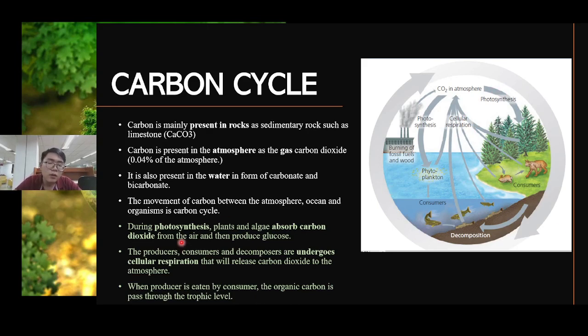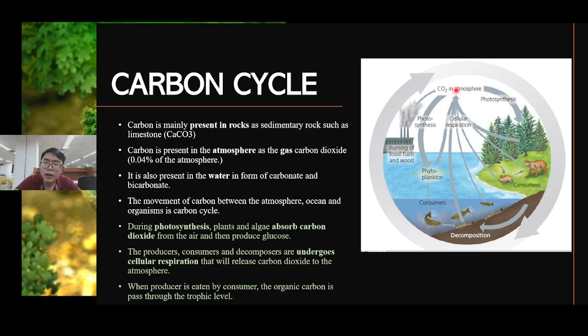The easier way to see how the carbon cycle occurs: first the plant absorbs carbon dioxide from the atmosphere and produces glucose by the photosynthesis process.